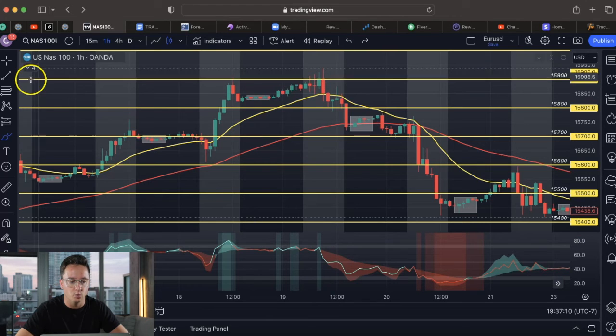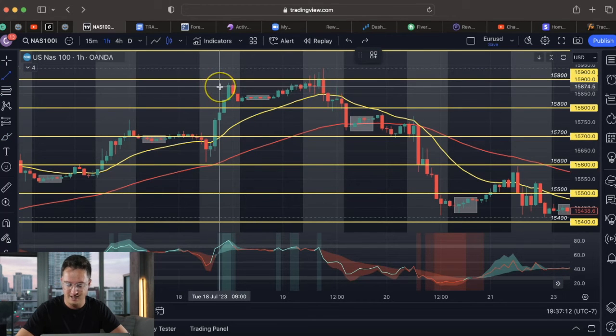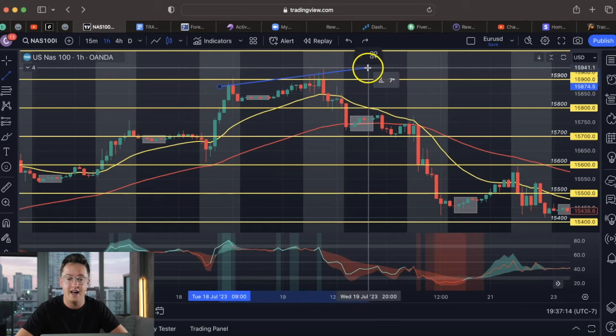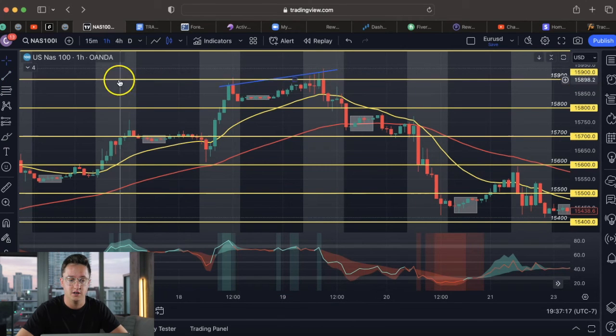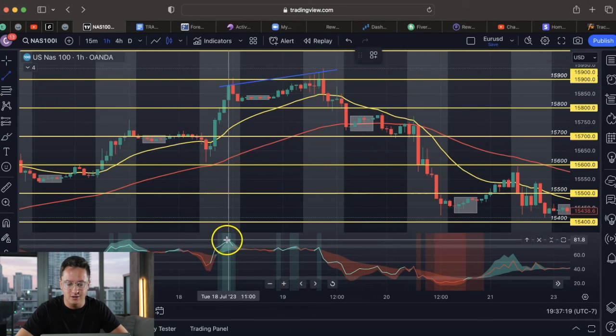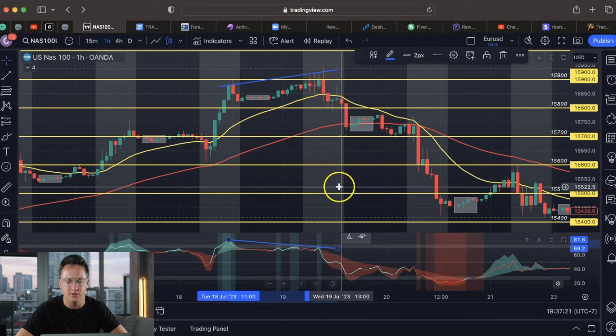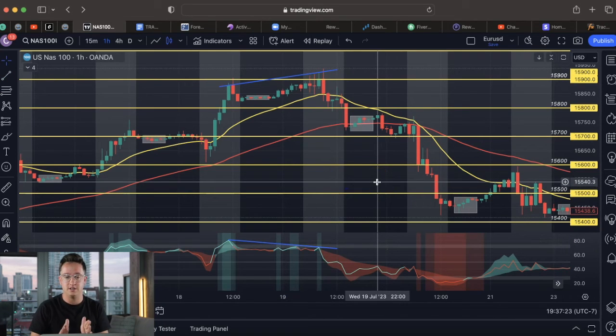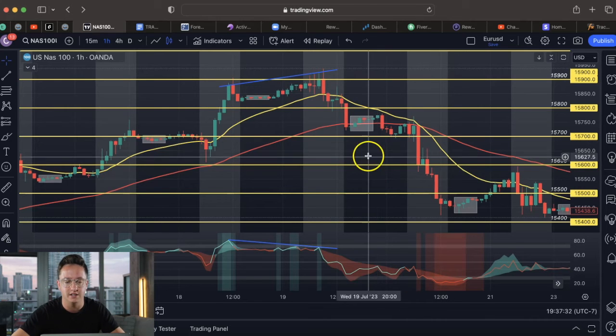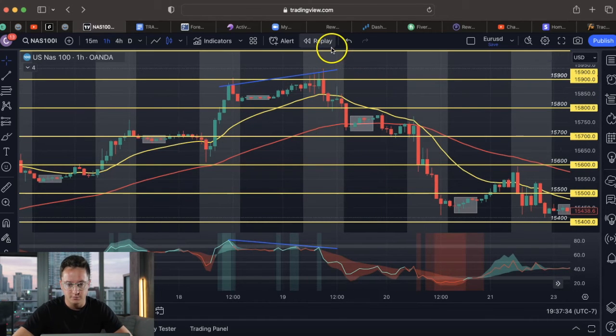Notice with these highs, we're going higher on the actual chart. But then the data is saying, no, we're not going higher, we're going lower. So it's very important to be able to identify when it's going to be a false breakout.